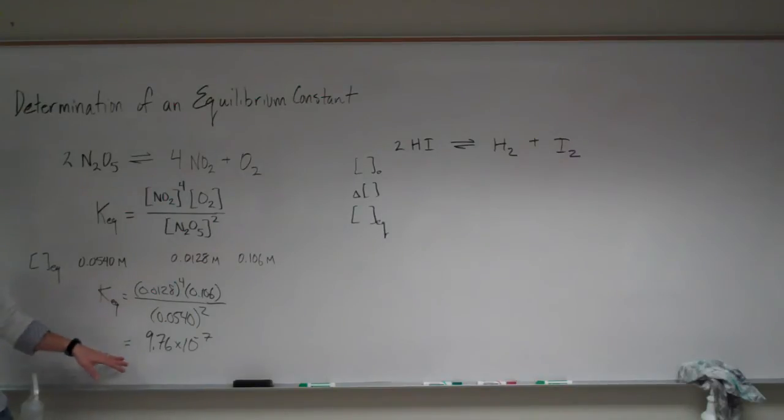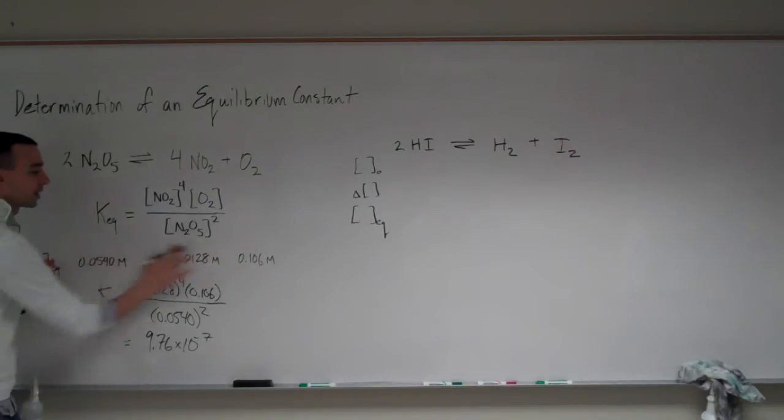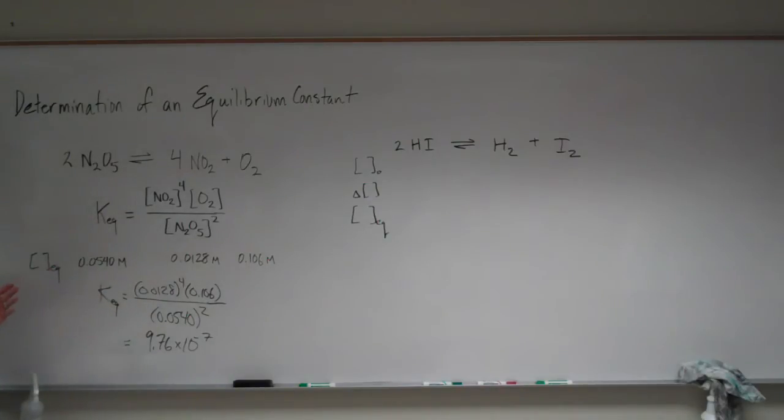All right. Now what's interesting about this reaction, and any reaction at equilibrium, is that this number should always be reached, regardless of where we started this reaction. In question 2, we have no idea where these respective concentrations began, but they have settled in this ratio to give us the 9.76 times 10 to the negative 7.